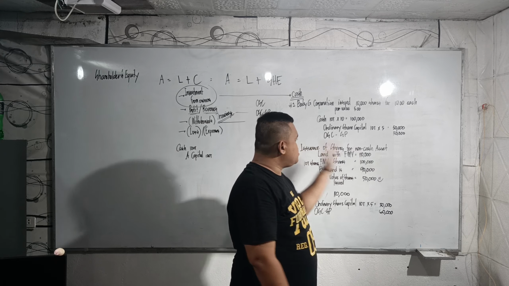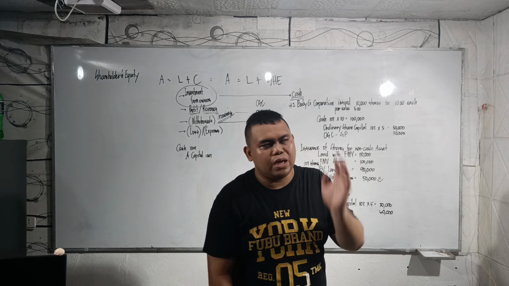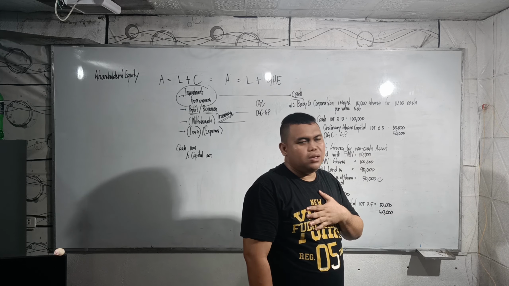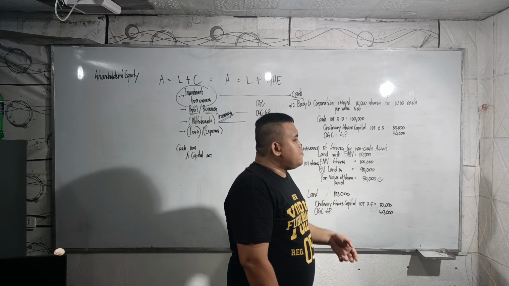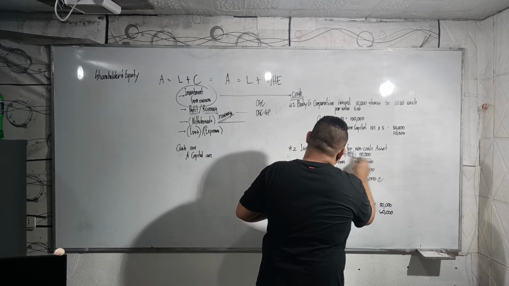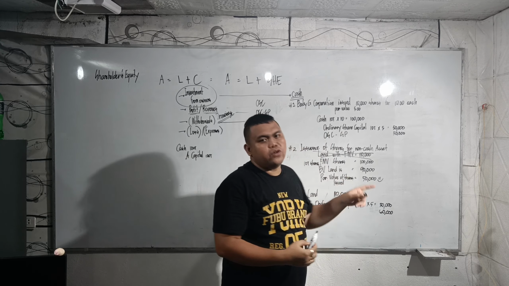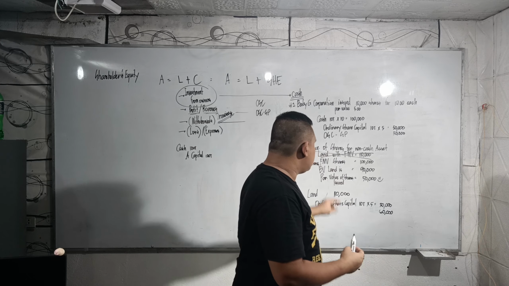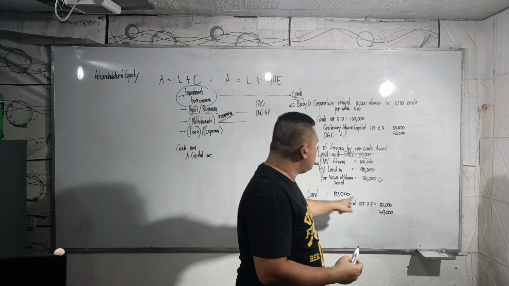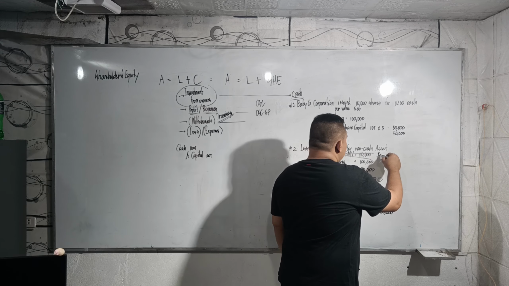So in here, if you issue shares for a non-cash asset, the first priority is the fair value of the non-cash asset received. Why did I say first priority? Because if this is absent, you're going to go with the fair market value of the shares given up. So this will become 100,000 and this will become 50,000. So this is the first priority.